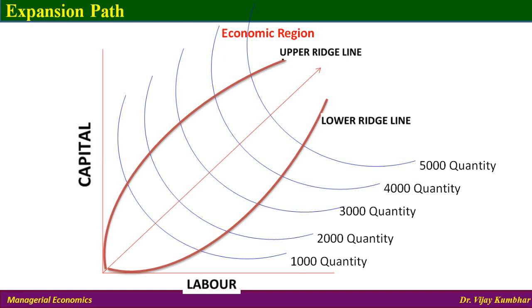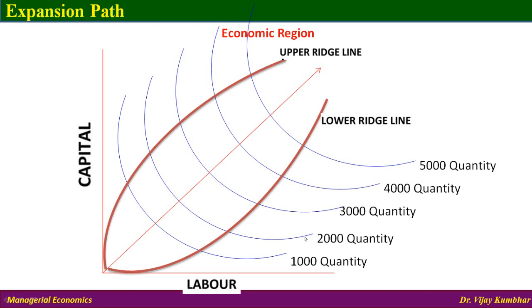We cannot move beyond these particular combinations because of the availability of capital and labor. In case of this particular isoquant, this is the end point, upper point, and this is the lower point. We cannot move beyond this point in case of this isoquant. Also, we cannot move from this point to this point due to the lower ridge line or restriction.